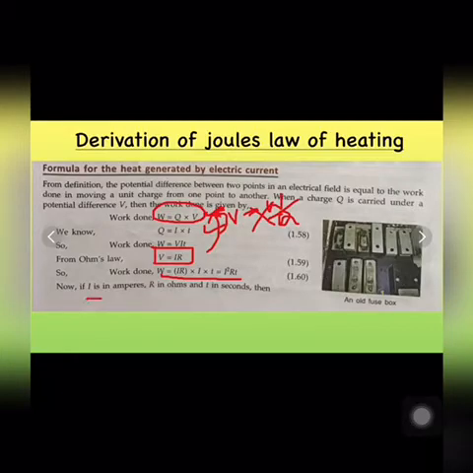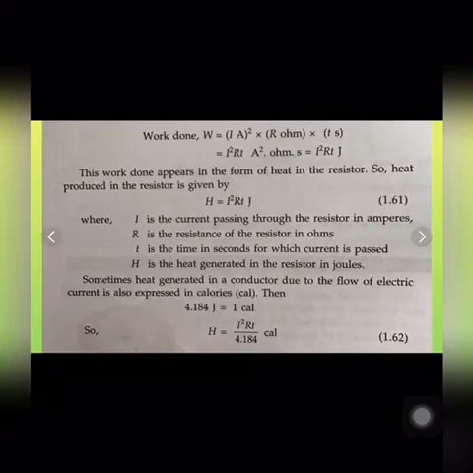Now if current is measured in amperes, R in ohms and time in seconds, then work done is measured in ampere square ohm seconds. This ampere square ohm second is called joules.